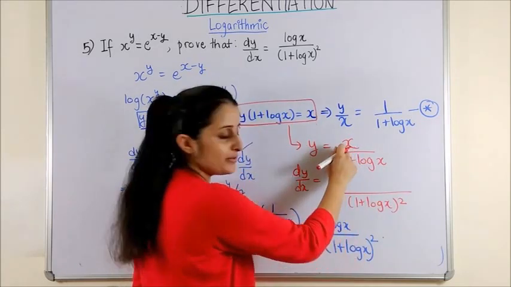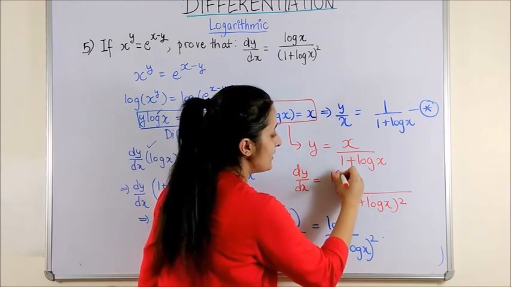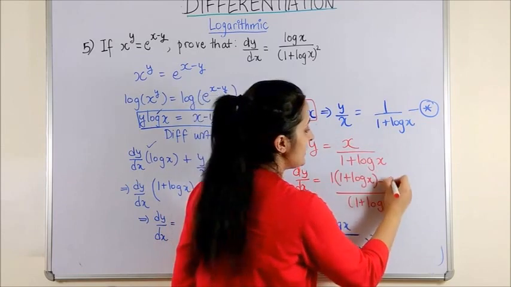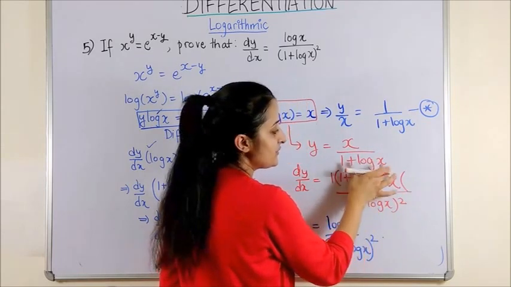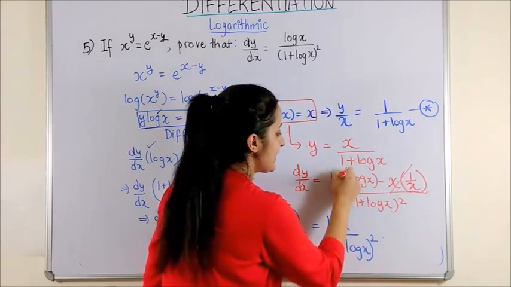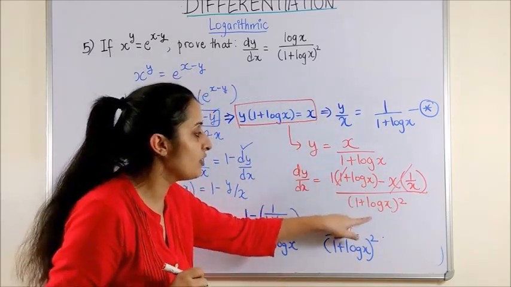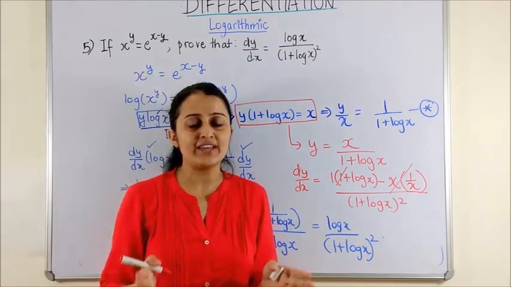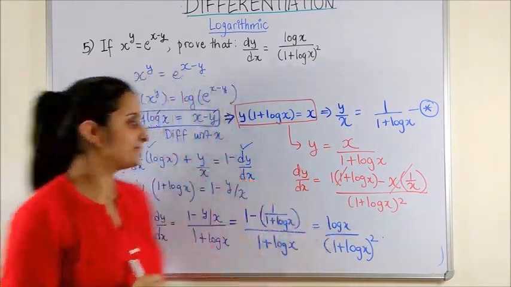And in the numerator, you get derivative of x, which is 1, into the denominator as it is, minus numerator as it is into the derivative of denominator, which is 1 over x. All this gets cancelled and you are just left with log x upon 1 plus log x whole square. So whatever strikes you, please use that.